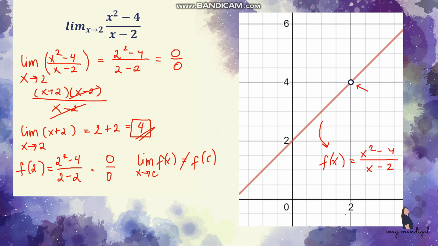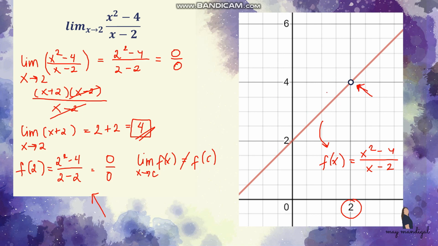This means that whenever the value of x is 2, we cannot get the corresponding value of y, because as we substitute 2 into our function, it becomes indeterminate. That only means that c is not part of the domain of this function. Since c is not part of the domain, when we graph this, there should be a hole in this part right here. Okay?